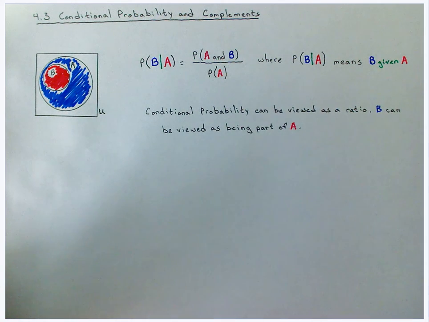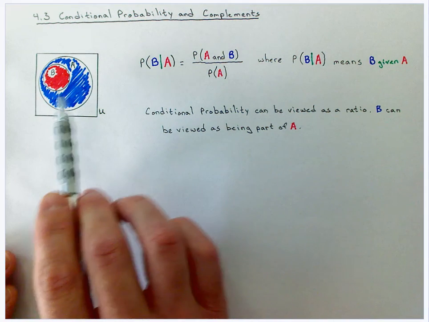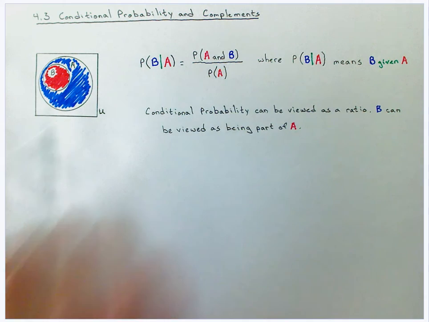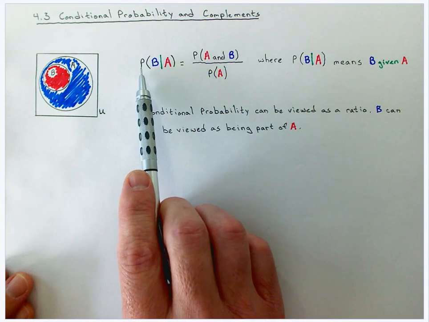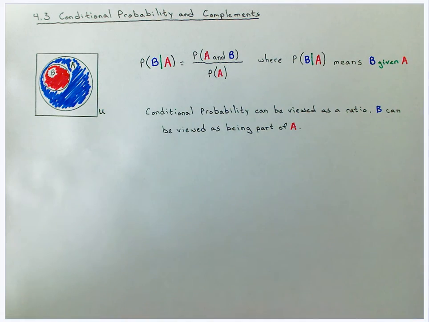You can think of conditional probability as a ratio. B can be viewed as being a part of A. So you have A and B, that intersection, so they're intersecting, divided by the probability of A. Again, the probability of B given A.